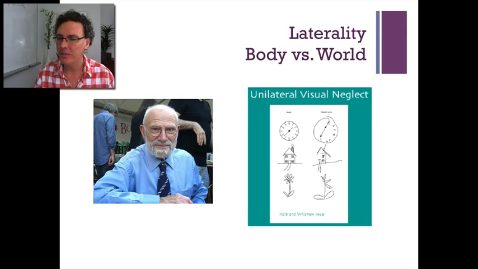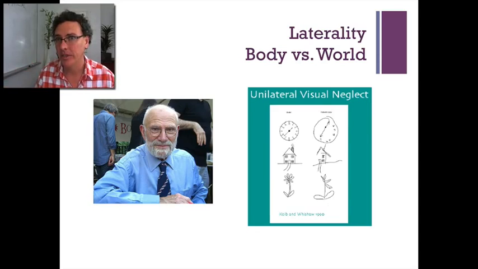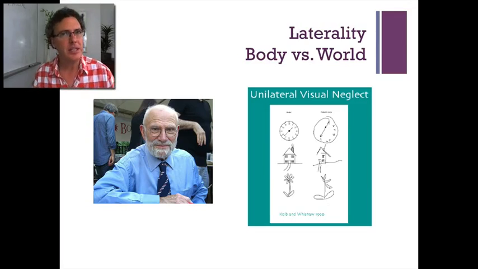And in fact, there's some interesting, odd cases of what happens when the right parietal lobe is damaged. So when the left is damaged, you lose proprioception. When the right is damaged, it seems as though people lose the ability to sense the world properly. Specifically, they show something called unilateral visual neglect.